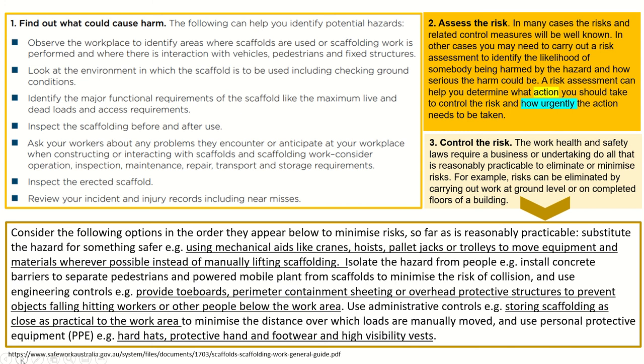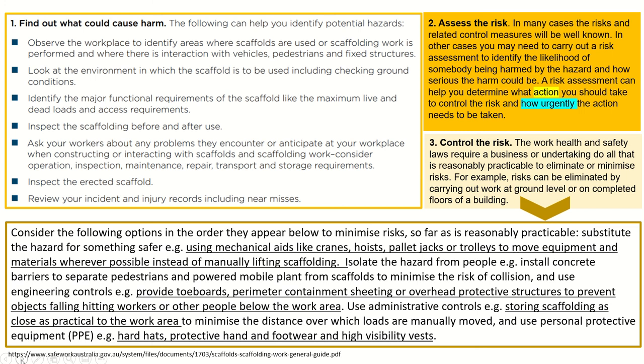The other thing is to like sort of technical controls. For example, if you need specific toe boards, or can you use any perimeter containment sheeting or overhead protective structures to prevent any kind of falling objects, then that can be also other useful tasks that should be considered.